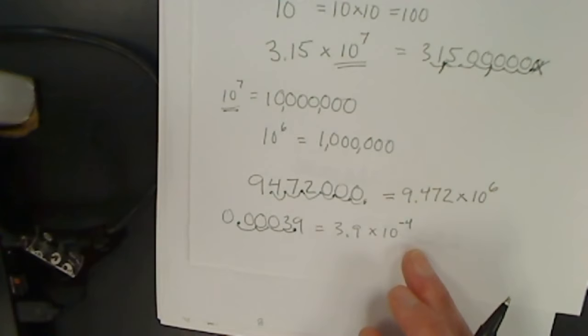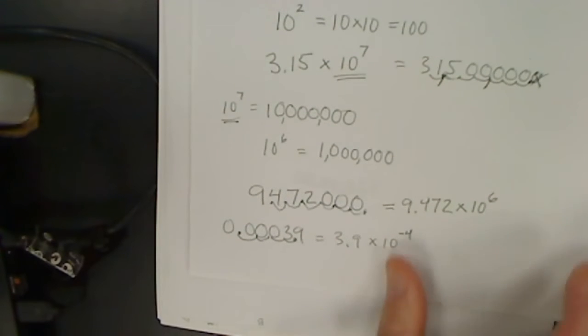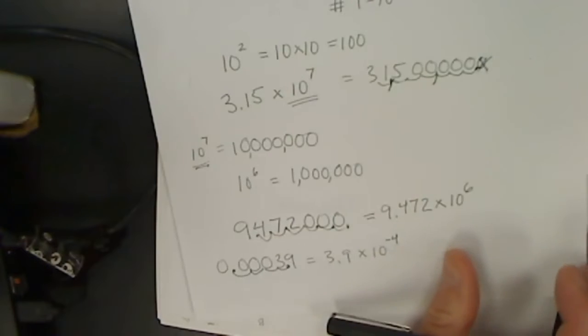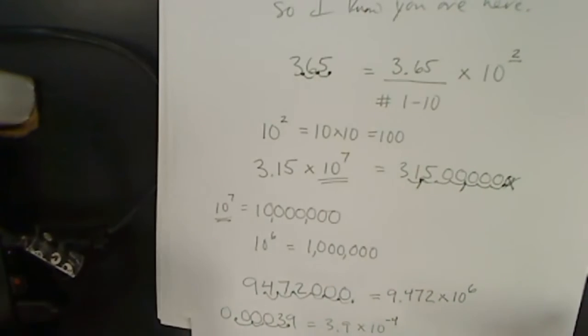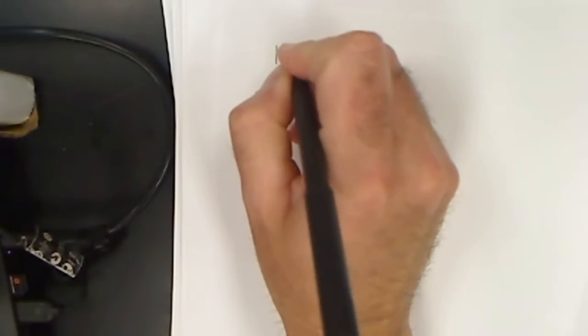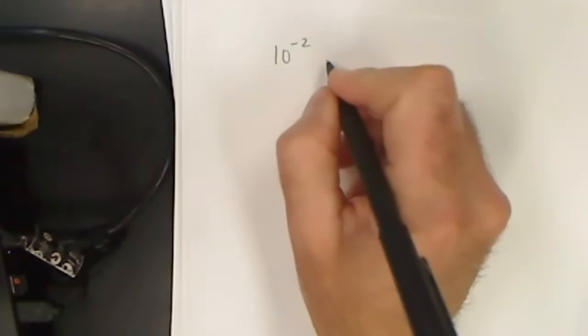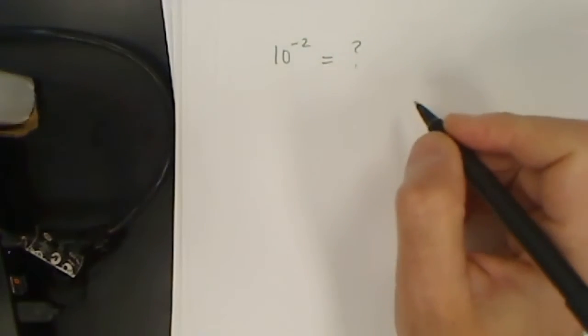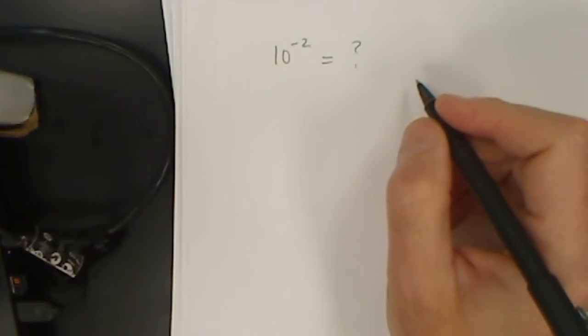It's okay. I was a little confused at the beginning. Okay. So maybe I should remind you, what does negative power mean? Let's put 10 to the negative 2. What does this word mean? Do you know?